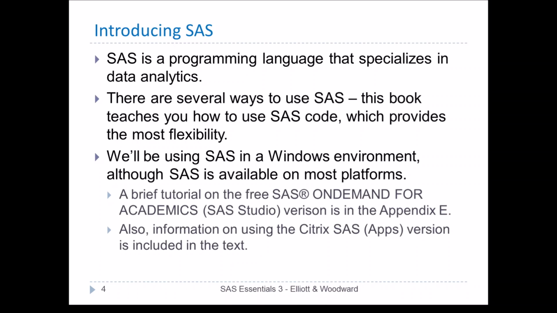So we'll be using SAS in a Windows environment, although SAS is available on a number of other platforms. For instance, Appendix C has a brief tutorial on a free SAS on Demand for Academics version, also called SAS Studio, and sometimes SAS University, that you can look at and also use almost all of the examples we use in the text, although it's based on SAS being installed directly on your computer, will also work in the SAS Studio version with a few exceptions.